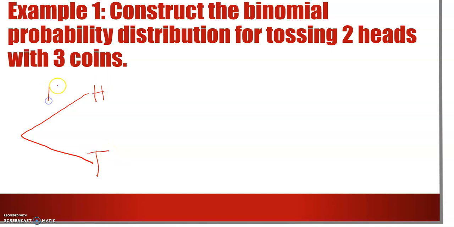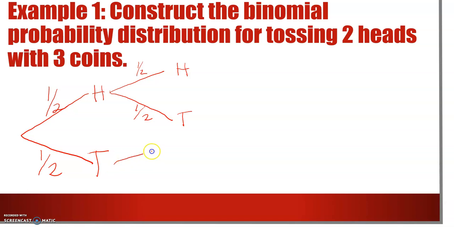Our probability of getting heads is 1/2, and our probability of getting tails is 1/2. After flipping that first coin, we then flip another coin and we can get heads or tails, with 1/2 probability each. Again, heads or tails, and 1/2 and 1/2.